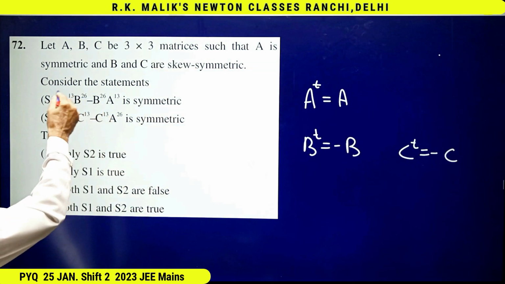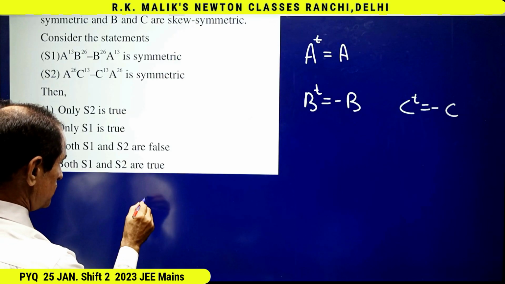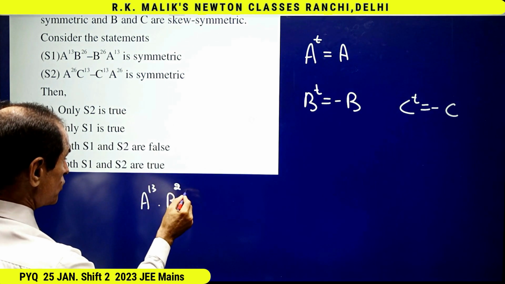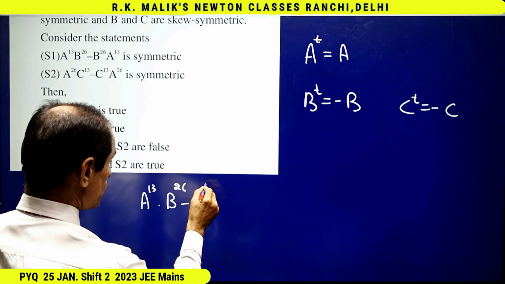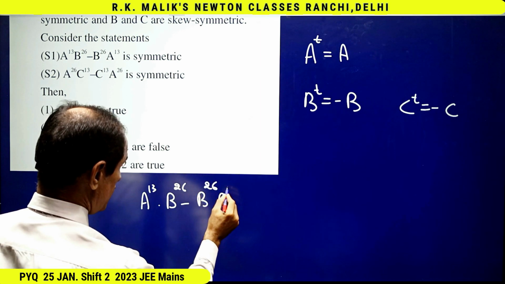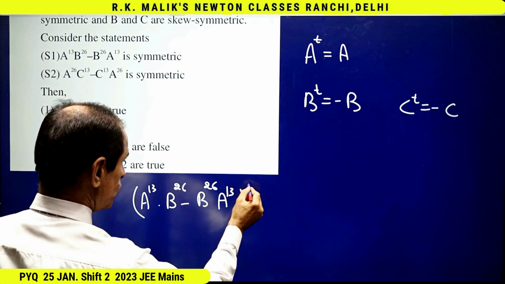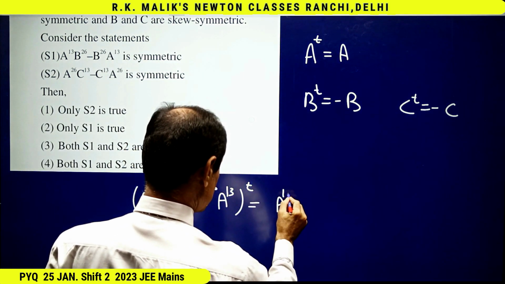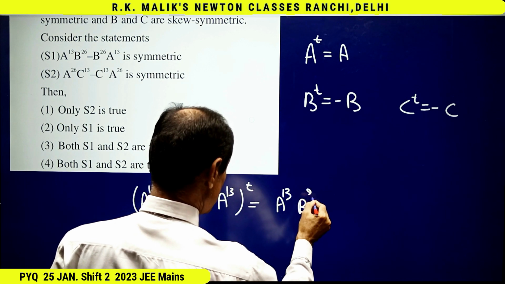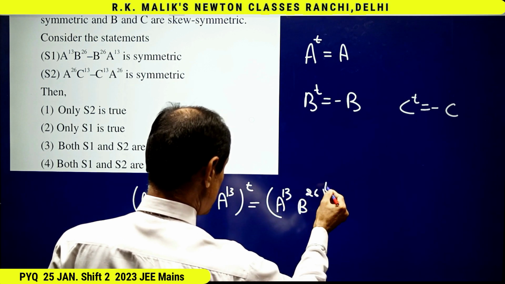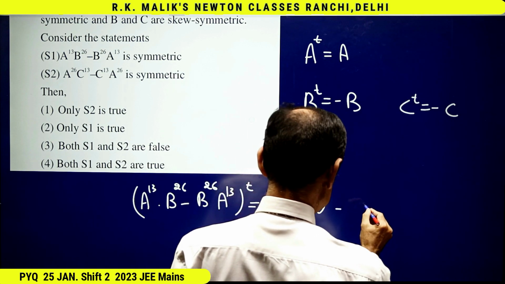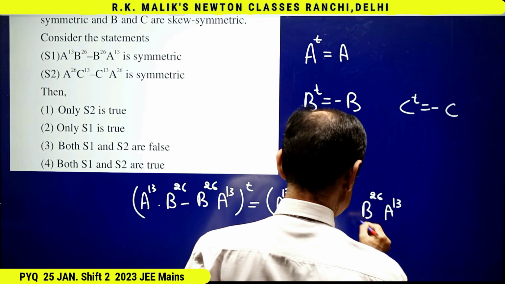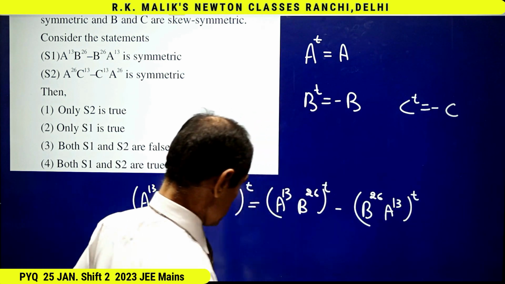Now, to check this matrix, I write (A to the power 13, B to the power 26 minus B to the power 26, A to the power 13) whole transpose is equal to (A to the power 13, B to the power 26) transpose minus (B to the power 26, A to the power 13) transpose.